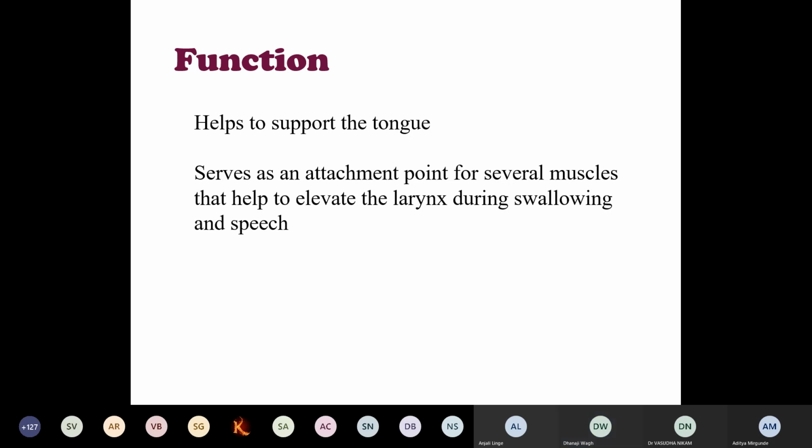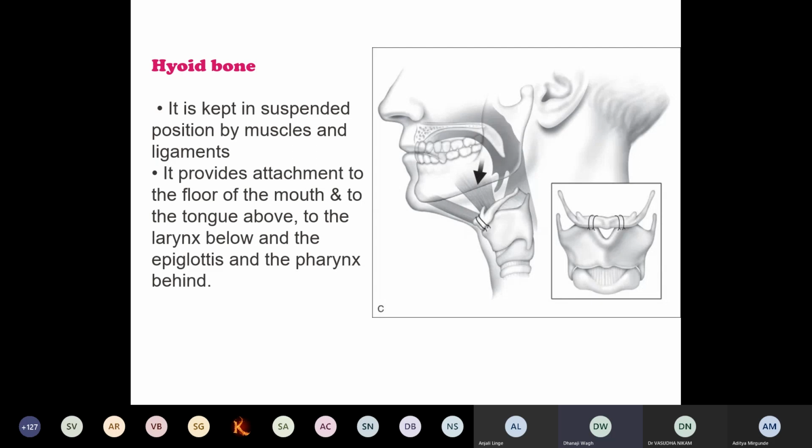See, there is the hyoid bone. In the diagram, you can see this hyoid bone, which is suspended in position. It is suspended by muscles and ligaments. There is an attachment to the floor of the mouth and the tongue above, to the larynx below, the pharynx behind.